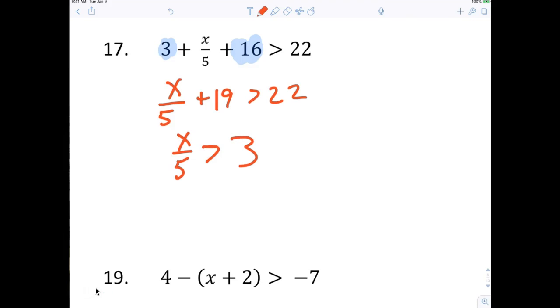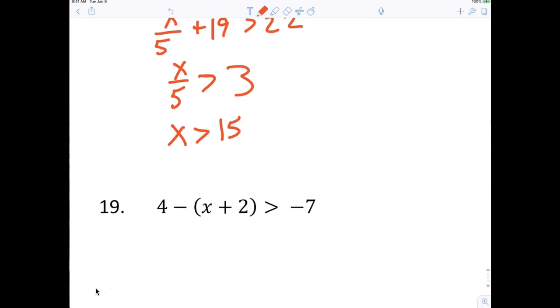Everybody good with this? How do I undo division? Multiplication. So x is greater than 15. Allison, how you doing? Do I need to explain something on that? So I'm starting at 15 and heading out to infinity. There's no equal to, so it's parentheses. Alex, you okay? Colin, you good?